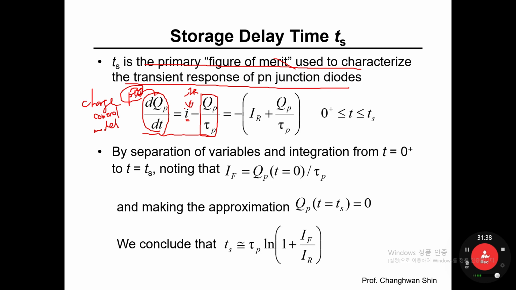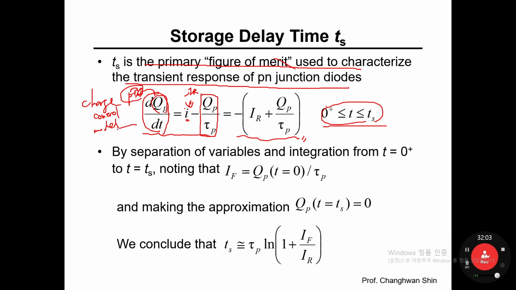So just plug minus IR into I, and you're going to get this equation. And this equation is valid when the time is between 0 and Ts. Why is that? Because in this time interval, the excess holes stored in the quasi-neutral regions are removed.